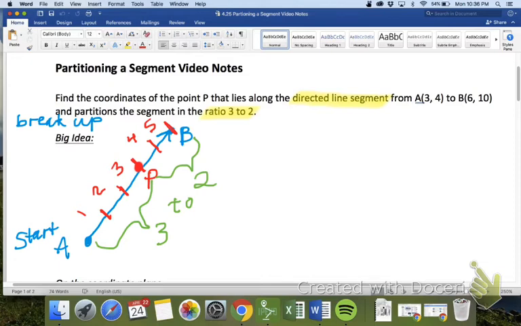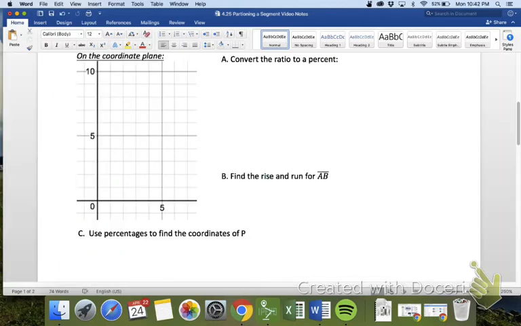So now I'm going to give you a strategy for actually calculating exactly where that point P needs to be. And we're going to move down to the coordinate plane below in order to do this. So let's start by first plotting points A and B on the coordinate plane. So point A should be at 3, 4.